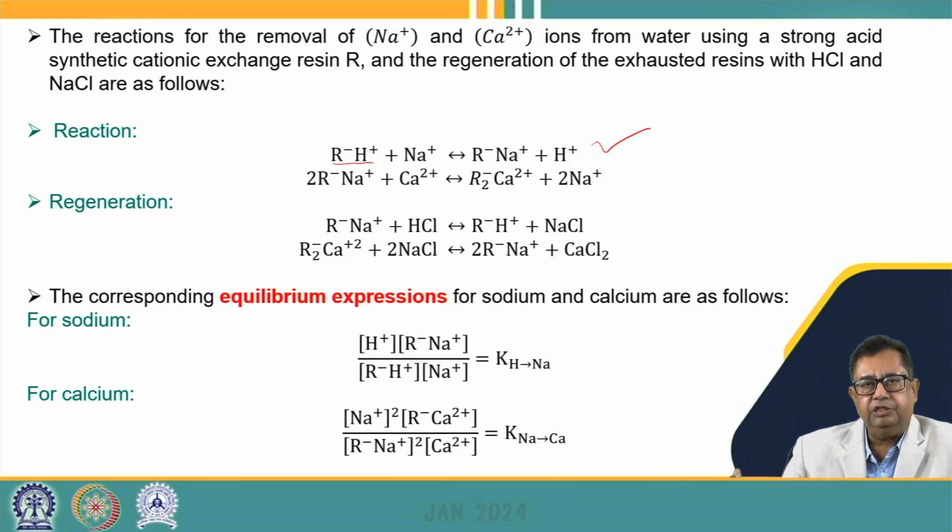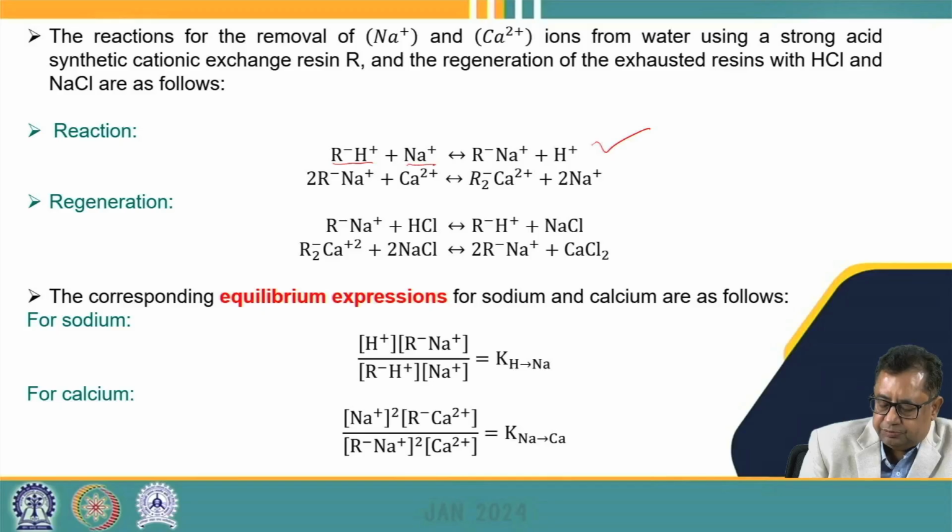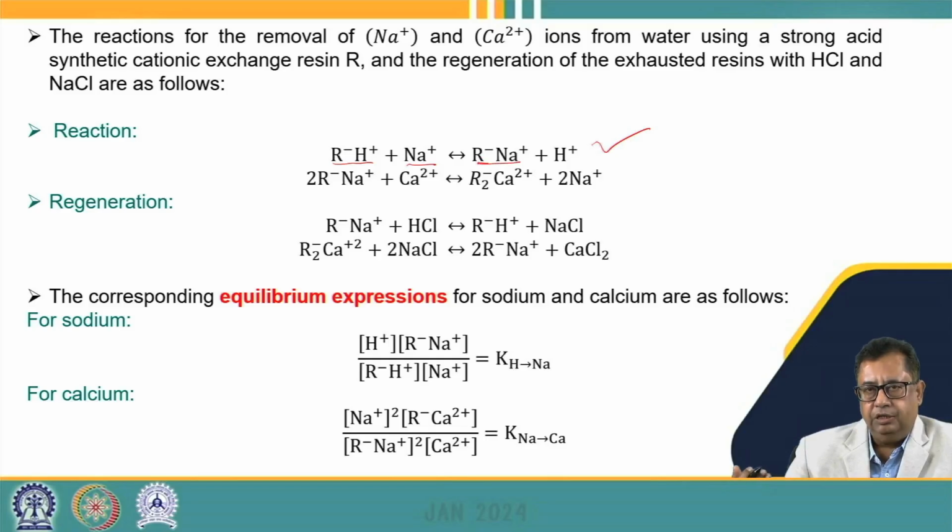The resin has H plus ions as the exchange ions, and Na plus is present in the solution. After the reaction, R minus Na plus is formed, that is, Na plus replaces the H plus ions, and H plus ions move into the solution. This is the reaction for a cation exchange resin having H plus as the exchange ions, with sodium in the solution.